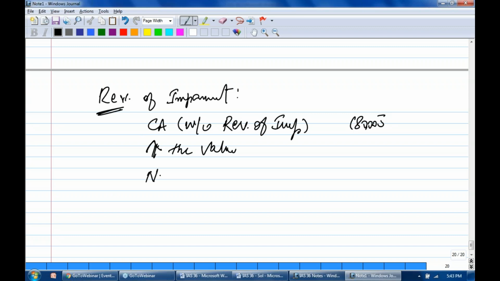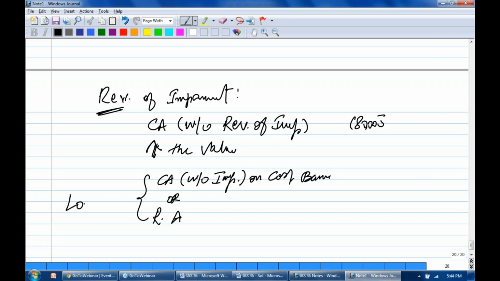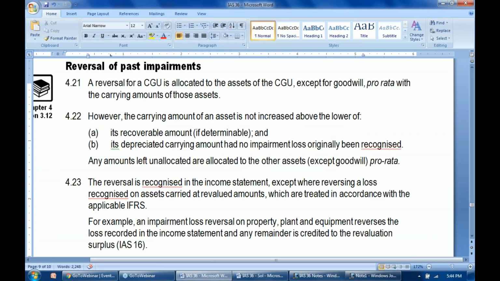So either the relevant figure is the new recoverable amount, or the carrying amount without impairment on a cost basis. The accounting standard says the lower of these.